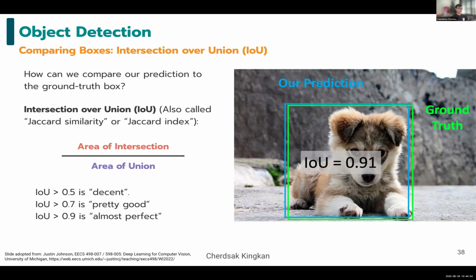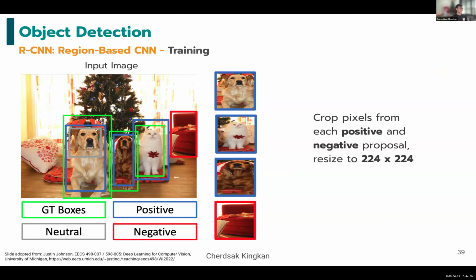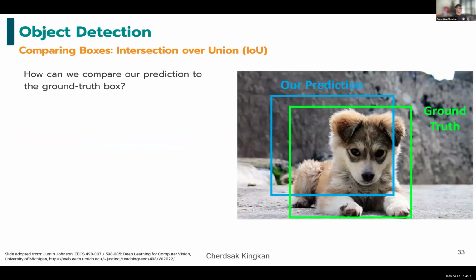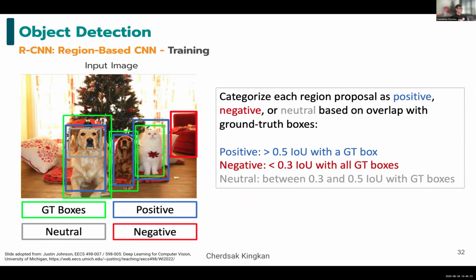All right. So after we categorize the region proposals with the ground truth, we categorize them as either positive or negative or neutral. Then we crop the pixels from the positive and negative regions only, right? Because from here we have many region proposals, right?